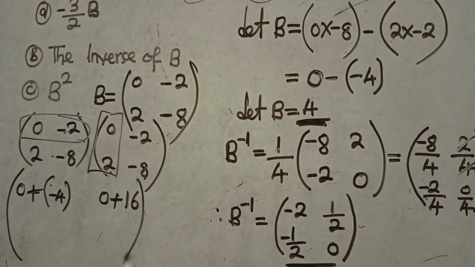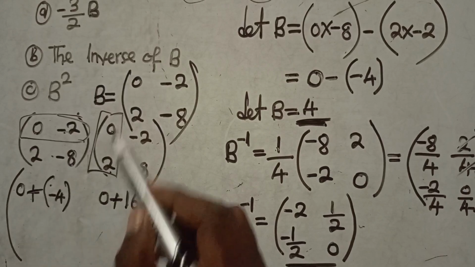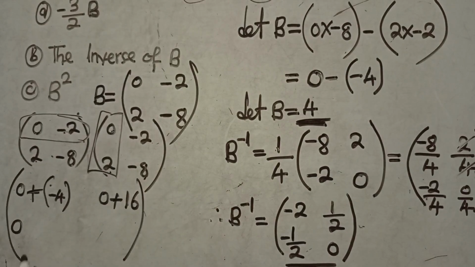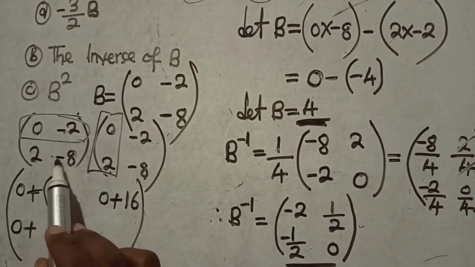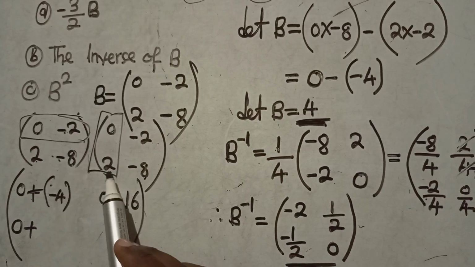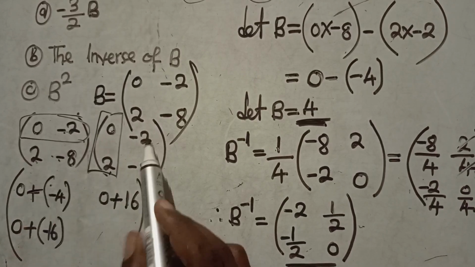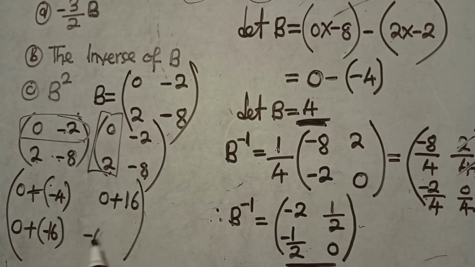I'm done on top. I go down against this. 2 times 0, that is 0, plus negative 8 times 2, that is negative 16. So I do this, negative 16. 2 times negative 2, that is negative 4, plus negative 8 times negative 8, that is 64.